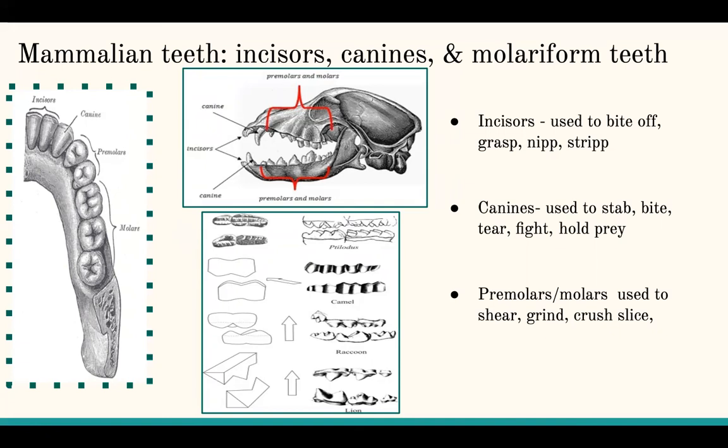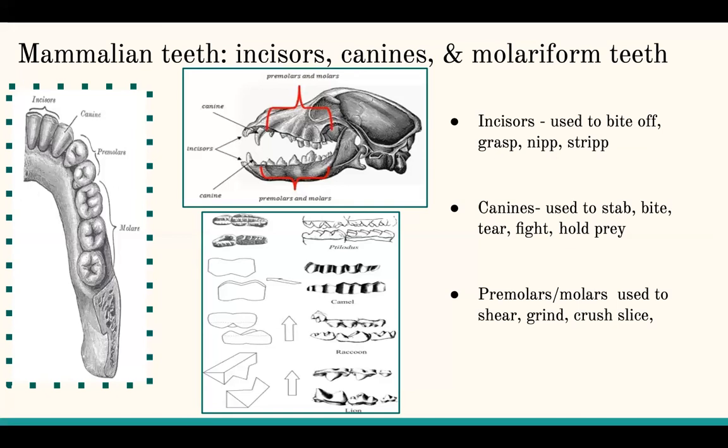Lastly, we have the premolars and molars, and together this unit is called the molariform teeth. These molars are broad and flat on the top, making them very useful for fragmenting food chunks, tearing, grinding, and slicing. And there is great differentiation in mammalian molar types, which we've learned in lab, including bunodont, lophodont, selenodont, and carnassial molars.